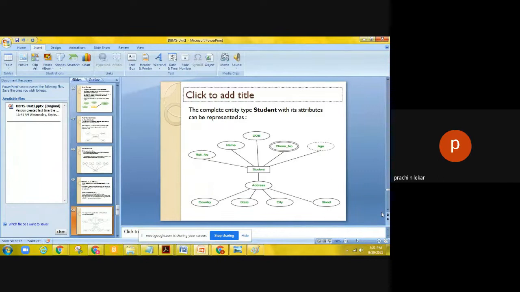Now, see over here. This is the complete entity type student with its attributes. Here, student with its attributes: roll number, name, date of birth, as well as phone number and age. According to this diagram, can I ask a few questions to you, students? Why over here is age in dashed oval form?